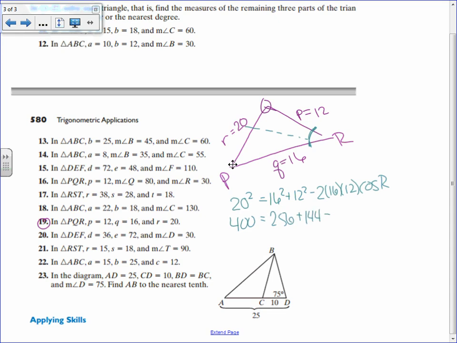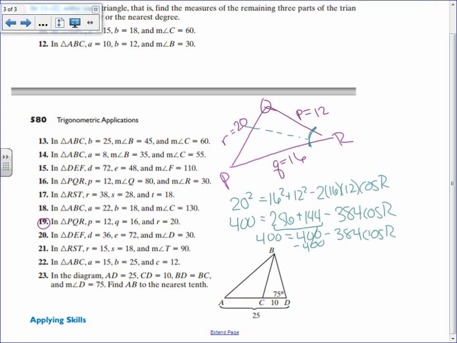Then I've got 2 times 16 times 12, which will give me 384 cosine R. If you want, you can combine 256 and 144. That is going to give you 400. So 400 equals 400 minus 384 cosine R.